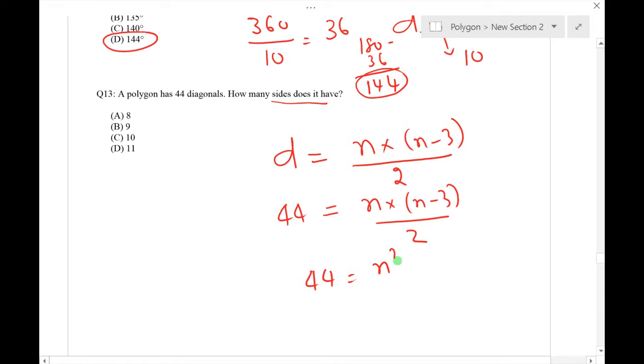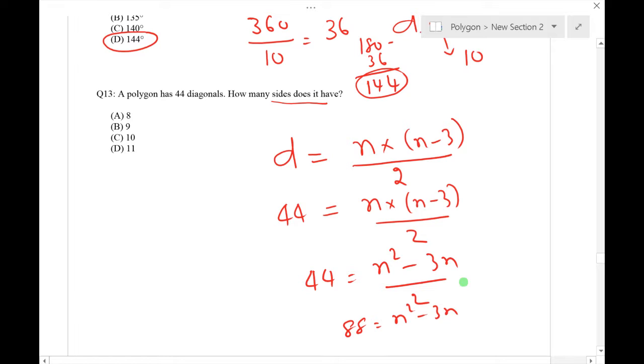It's going to be n squared minus 3n, everything divided by 2. And if you know what you're doing, you multiply both sides by 2 to get 88 equal to n squared minus 3n, and so on and so forth. Okay, this is not worth it if you do not know how to solve this.